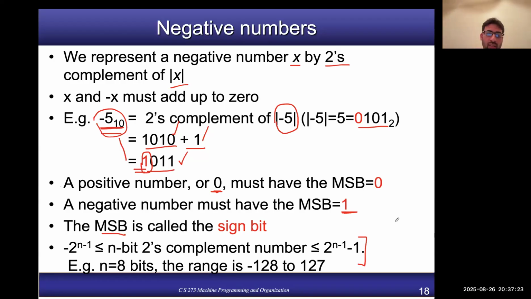Anyone, if you know the answer, you can put it in the chat box. If I have two bits only, let me write here B0 and B1. What is the range of the values which I can represent using these two bits?